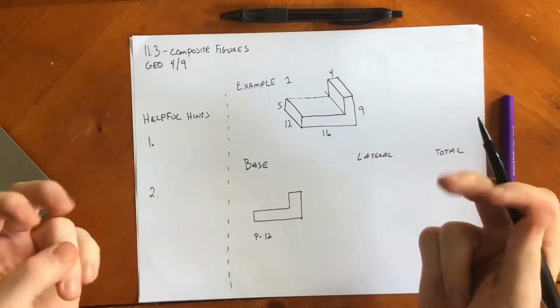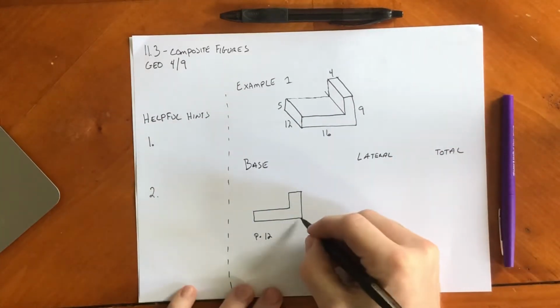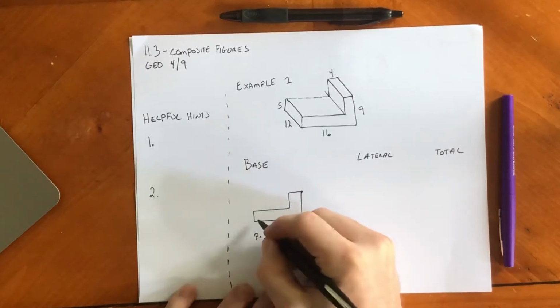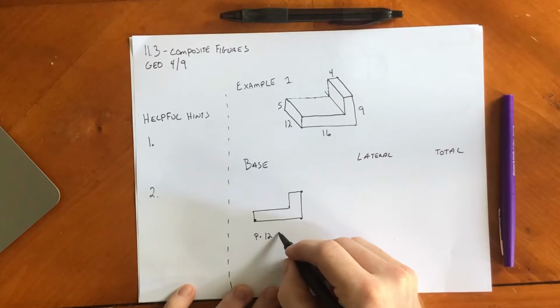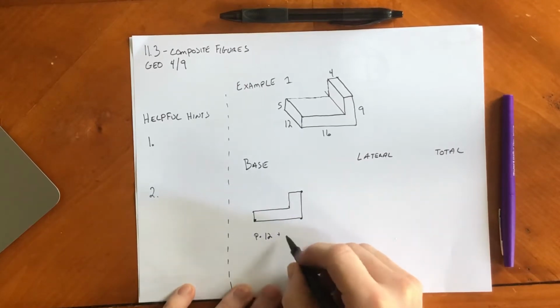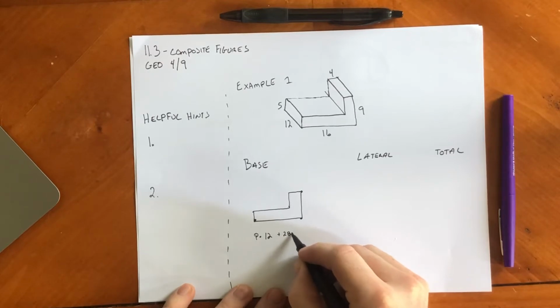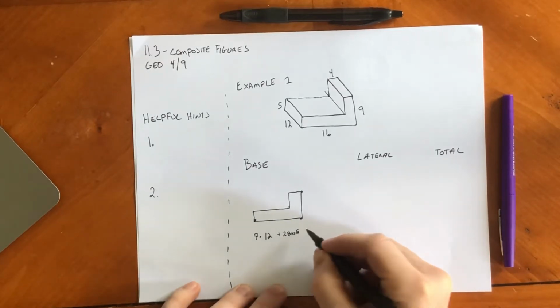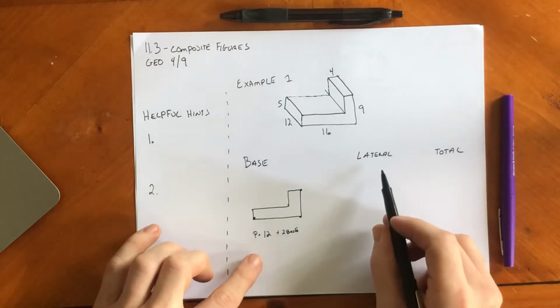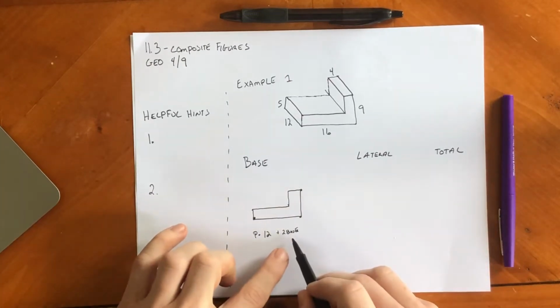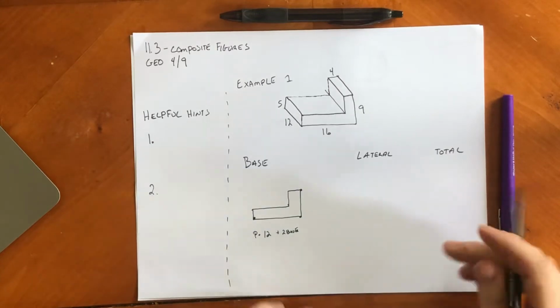So this is kind of like a prism type problem. So we need to find the perimeter of this thing, multiply it by 12, and that'll be the lateral area, and then we're gonna add the two L's to it, so the two bases. So that's kind of my plan of attack there. Find the perimeter of this shape, multiply by 12, that'll be the lateral area, and then add the two bases to it, and that'll be the total area here.